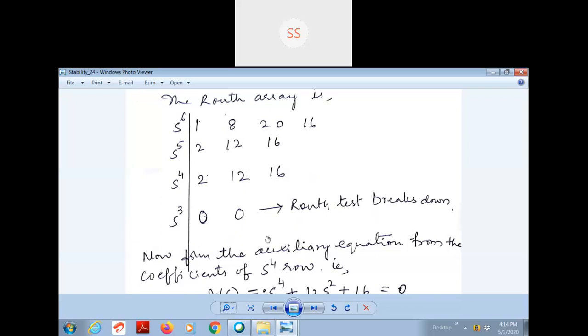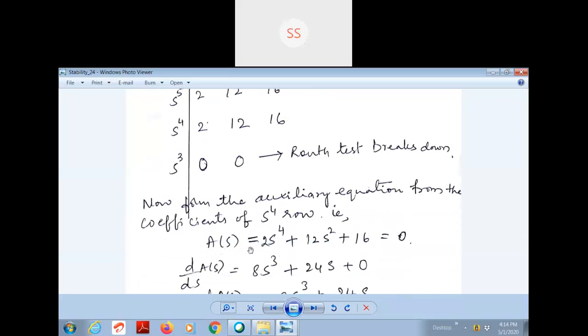So the auxiliary equation is formed by taking the upper row, that is the s to the power of 4 row. So the auxiliary equation A of s is equal to 2 into s to the power of 4 plus 12 into s square, because if the first term is s to the power of 4, the next term will be s square, plus the last value 16. So 2, 12, 16 are used here as the coefficients of the auxiliary polynomial.